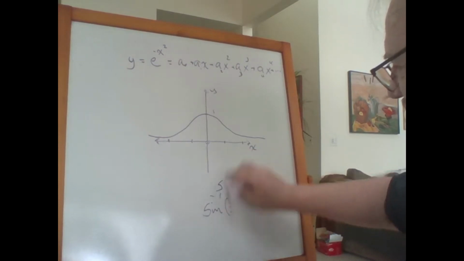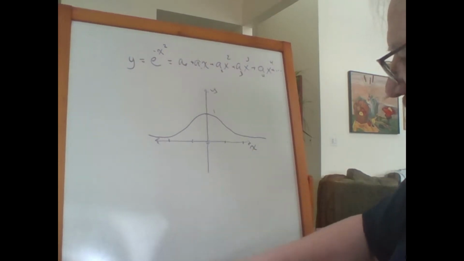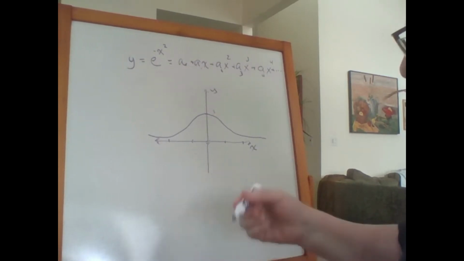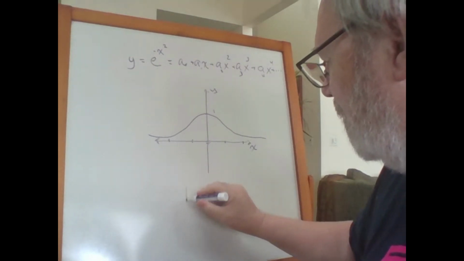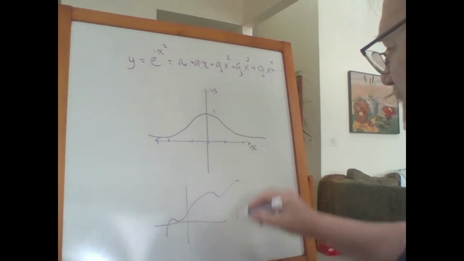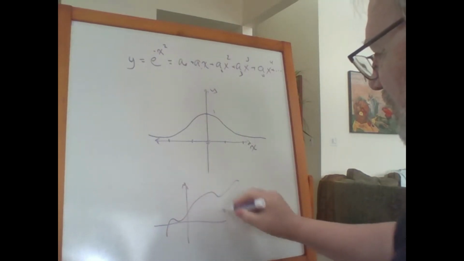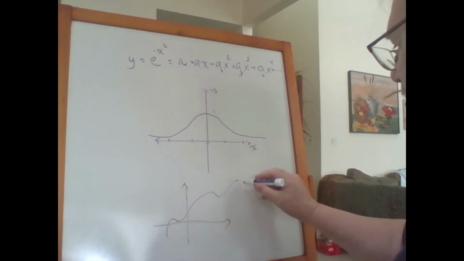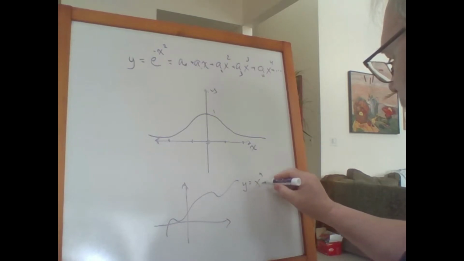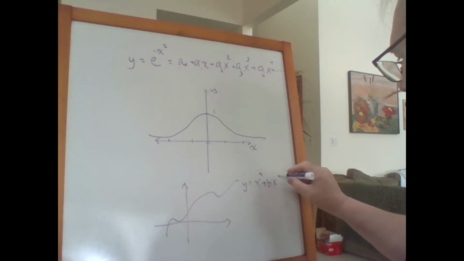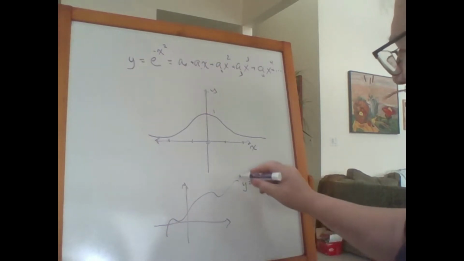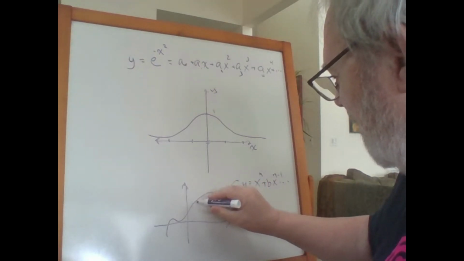This is something we had looked at with other functions. When you take a look at a polynomial function, some weird thing like y equals x to the n plus b x to the n minus 1, and so on, it doesn't matter what that function is.